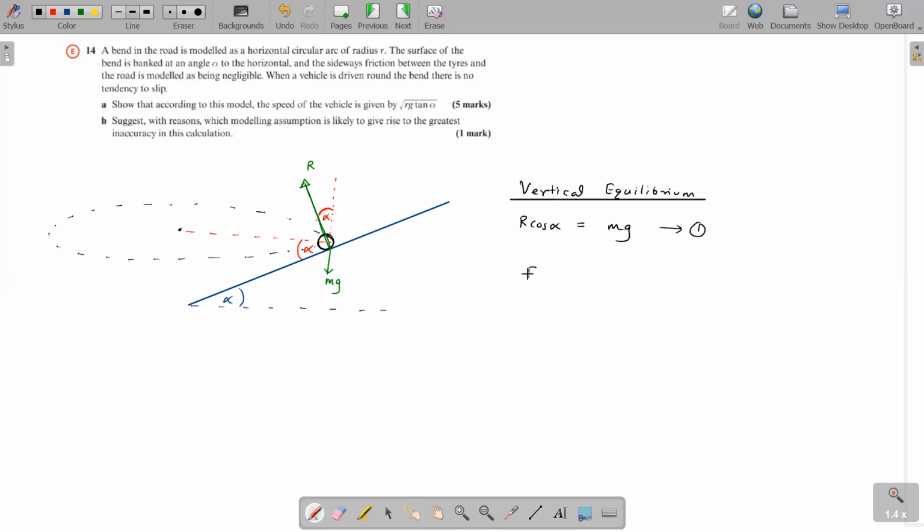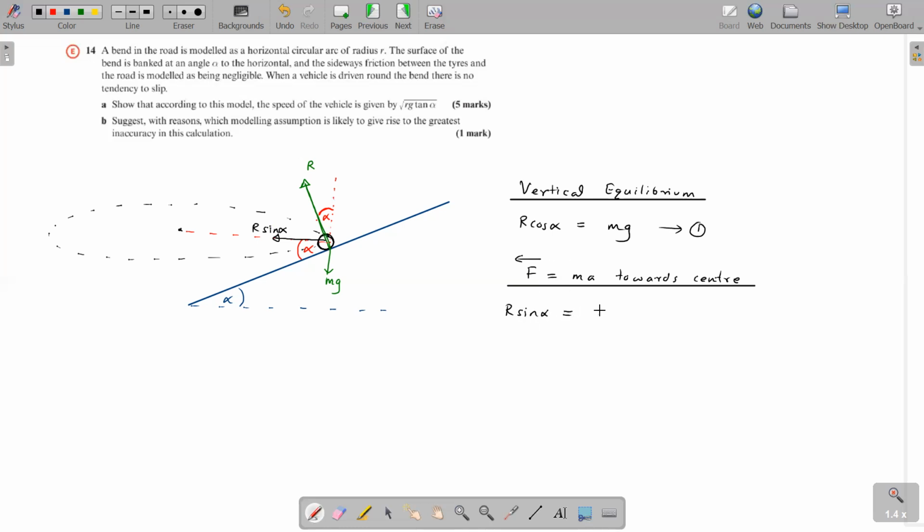Next, let's apply F equals ma towards the center. Towards the center of the circle, you have R sine alpha acting towards the center, and there's no other force.